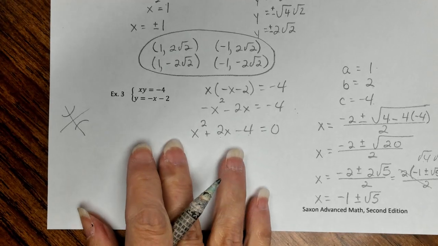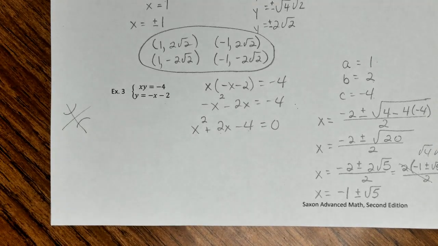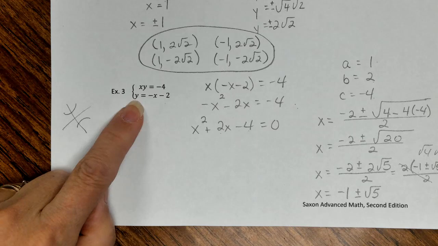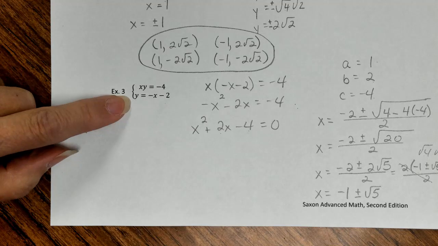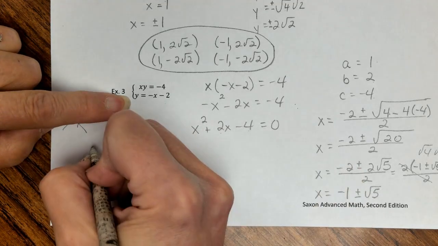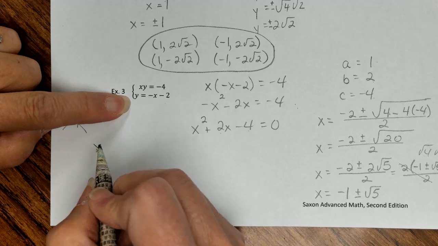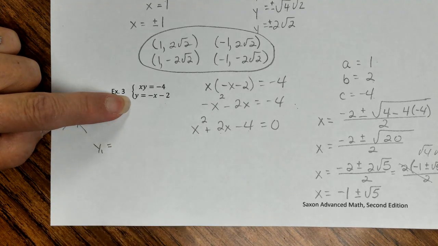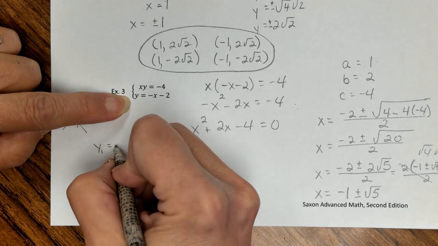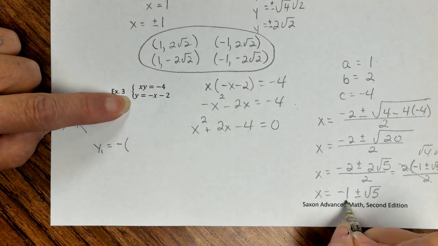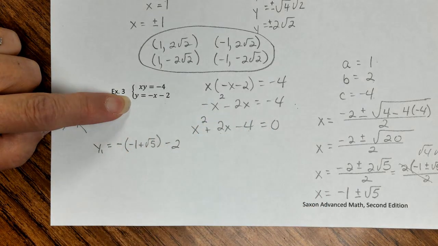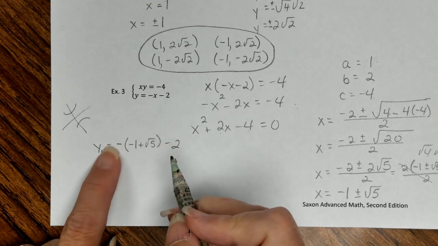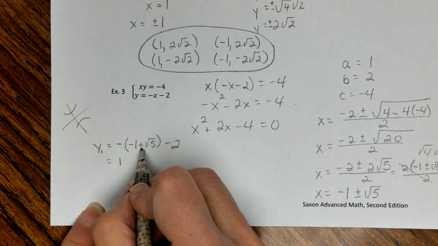Okay, so then we're just going to take them one at a time, put them back into the easiest equation to put them into to find out what y equals. My first one I'm going to put where it's the plus, so I have y equals the opposite of x, so I'm just going to write that out, opposite of, and I'm using negative 1 plus root 5 minus 2, so the opposite of negative is positive, the opposite of that is minus.